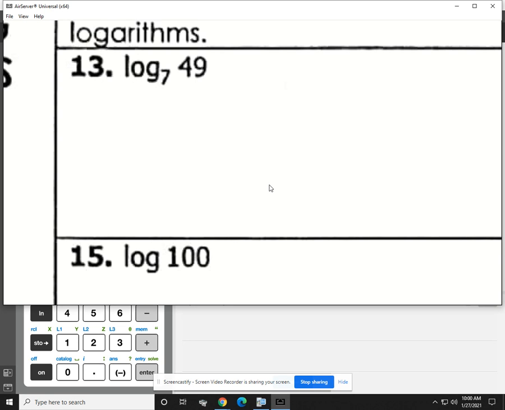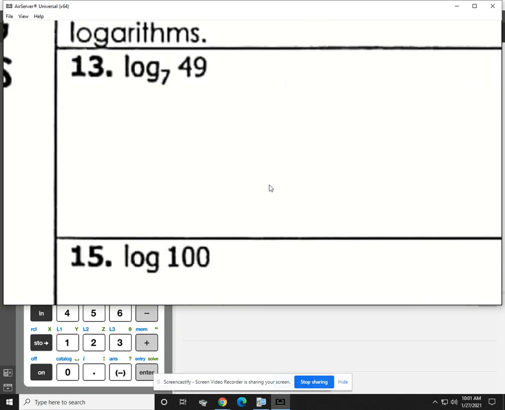So in my brain, I'm thinking to myself, 7 to what power equals 49? 7 squared does. 7 to the second power equals 49. So guys, what is log base 7 of 49? 2. That's your answer. You did it in your brain, okay? Because you understand what it's doing when you're solving the logarithm. 7 to what power equals 49?